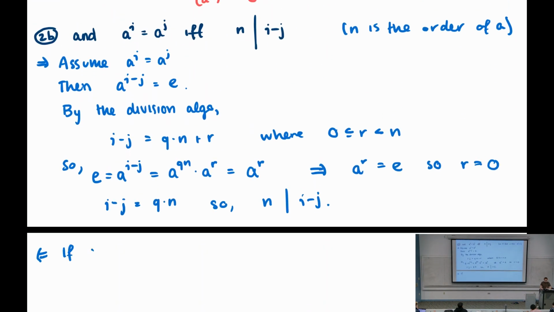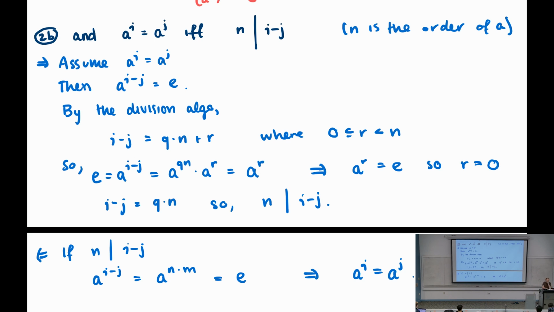If n divides i minus j, then a to the i minus j is equal to a to the n times something, we can just call this m, and that's equal to the identity. So we have that a to the i is equal to a to the j. Are there questions about this part of the proof?